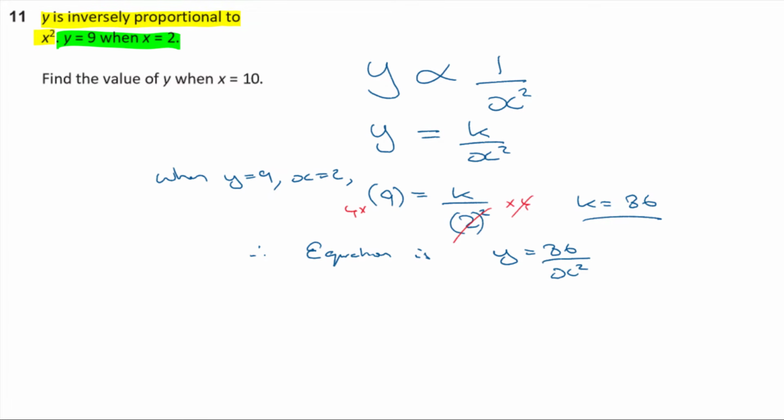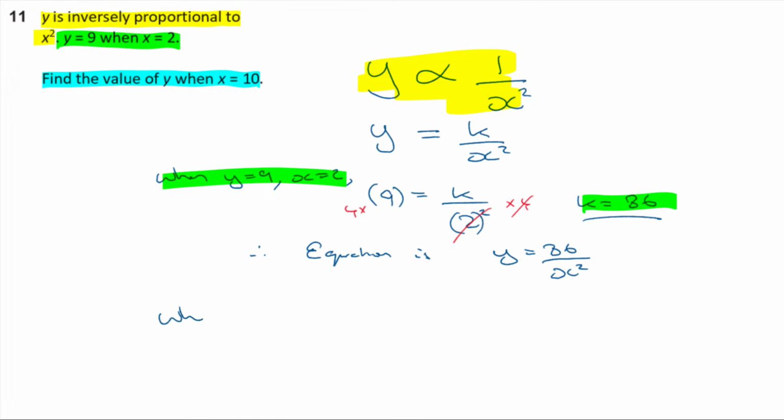Now once we've got the equation, we can then go on and find the value of y when x is 10. So the yellow bit gave us this, the green bit gave us that, and the blue bit is going to help us find the actual answer. You don't even worry about the find part until you've done all that extra work first.